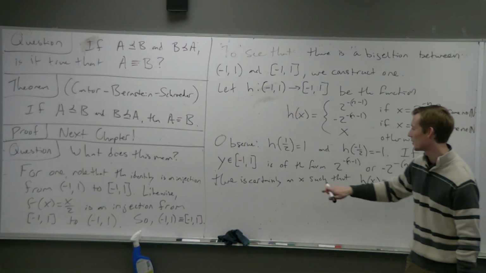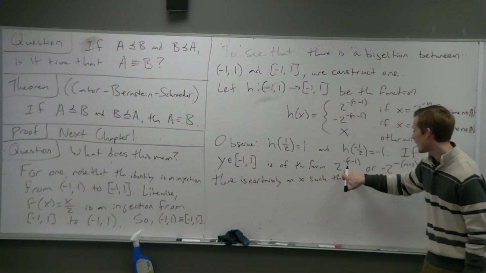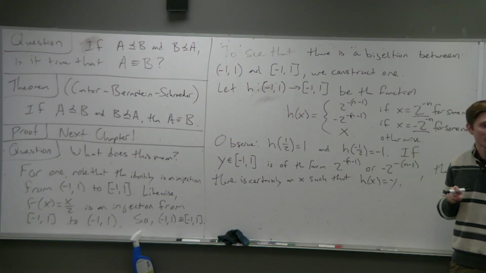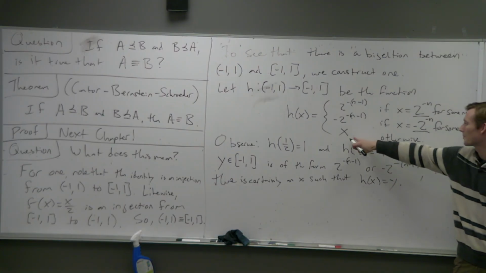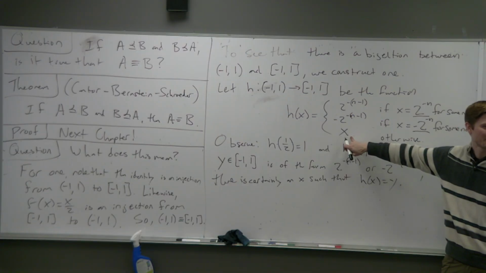So all of the numbers in this interval of either this form or this form get hit by something. What is the only other possibility left? Well, that there's something in there that's not of that form. But if it's not of that form, h sends it to itself. Oh, it's certainly a surjection, isn't it?